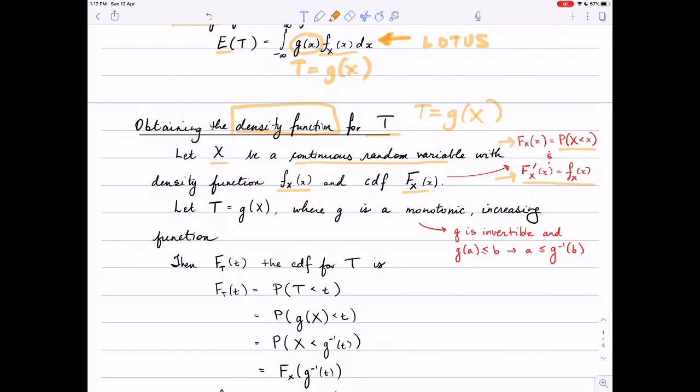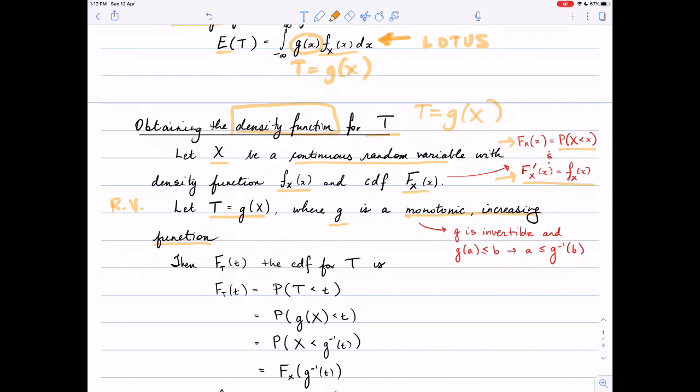Okay? Now, let's also let t be some function g of x. So t is another random variable that depends on x. And we're going to specify that g in this case needs to be a monotonic increasing function. So monotonic means it does not change direction, and increasing, well, it's only going up.